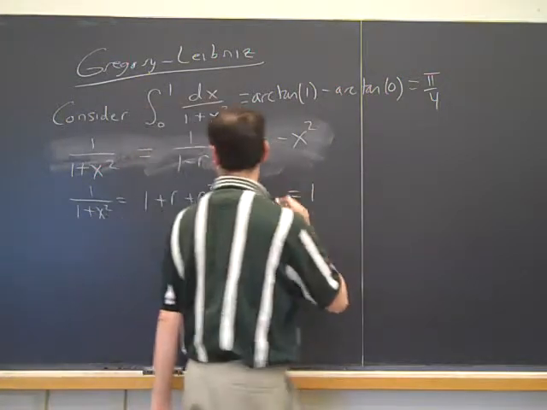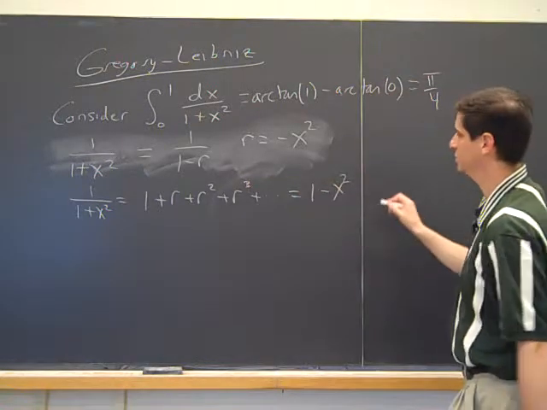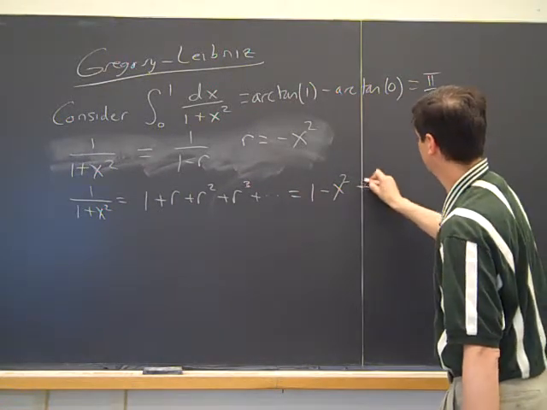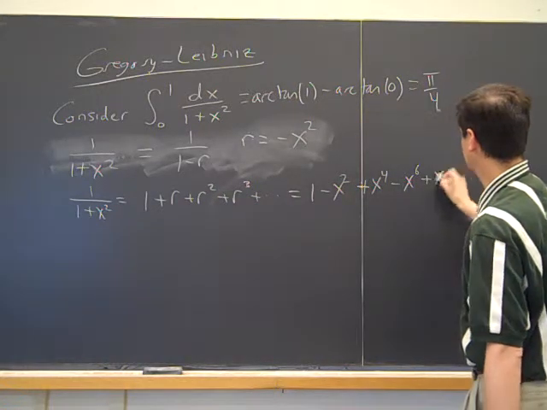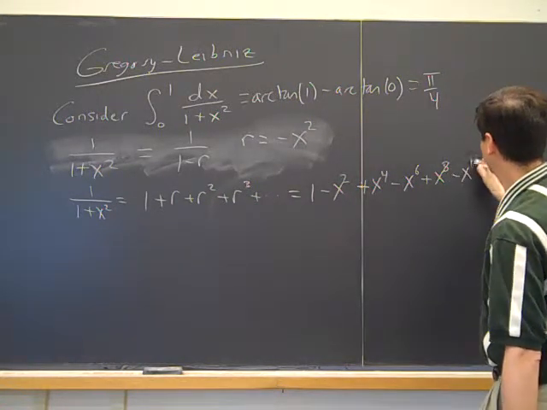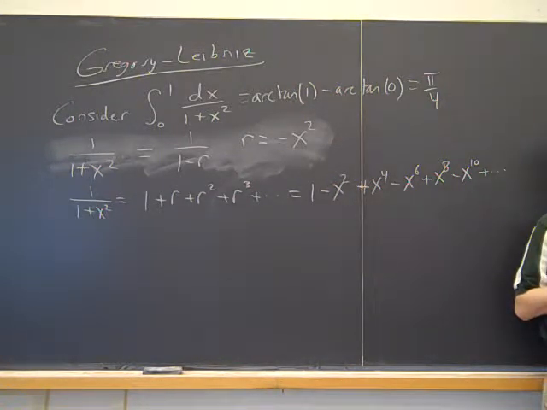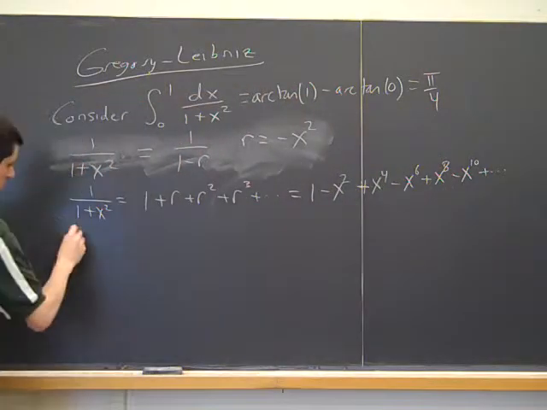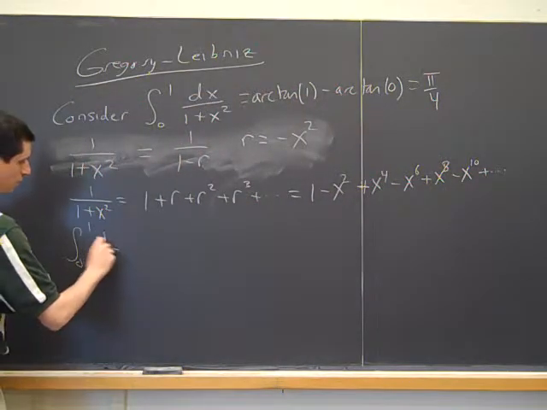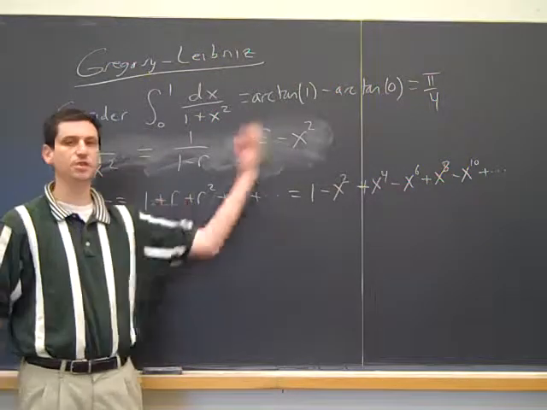Here r is minus x squared, so we get 1 minus x squared plus x to the 4th minus x to the 6th plus x to the 8th minus x to the 10th, dot dot dot. Now let's integrate from 0 to 1 of 1 over 1 plus x squared dx. What's the integral of an infinite sum?